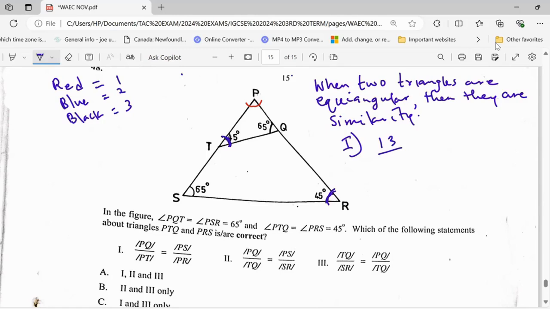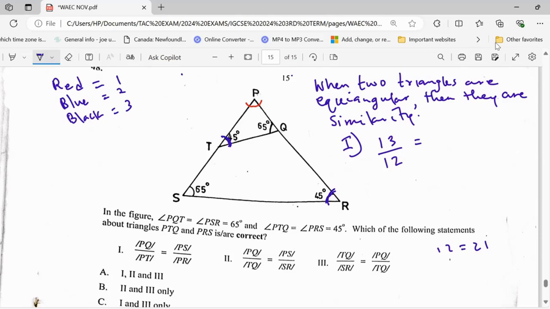If you look at PT, PT is red, blue. That is 1, 2. Now, of course, in this ratio, even if you have 1, 2 and 2, 1, they still identify the same side. It's only in congruency that this may actually matter, but in similarity, if you have a side designated 1, 2, it can also be 2, 1, it's still referring to that side. Now, let's look at PS.